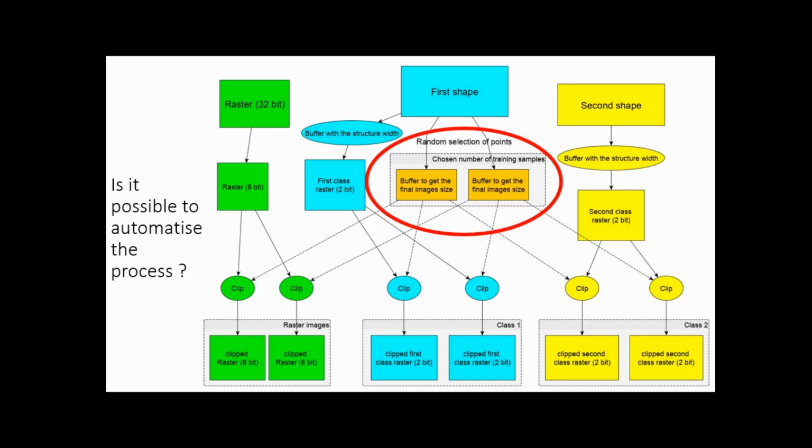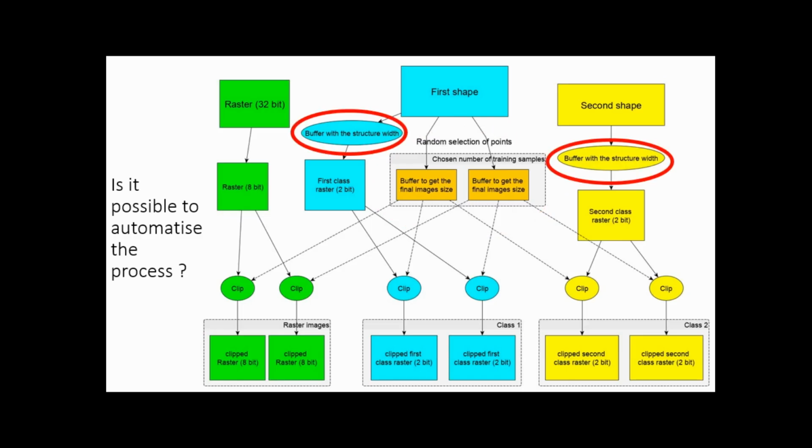But I developed last year a protocol to measure the width of the linear structures, which I used again to create a buffer around each embankment. And for the punctual structures, the measurements were done by hand because they are way less numerous.